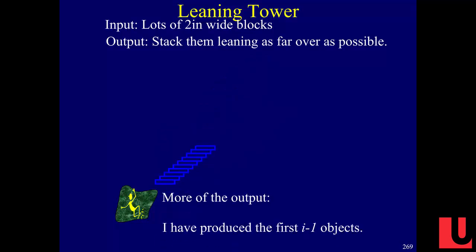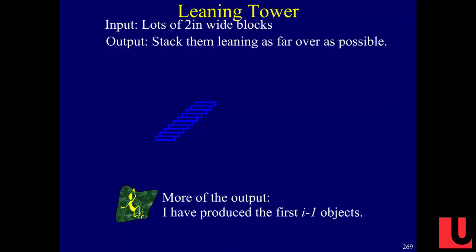All right? Here's a proof. So we're doing more of the output. We've produced some of it, and it hasn't fallen over yet, and we've shifted. The question is, can you shift arbitrarily far out? Can you shift this far out?